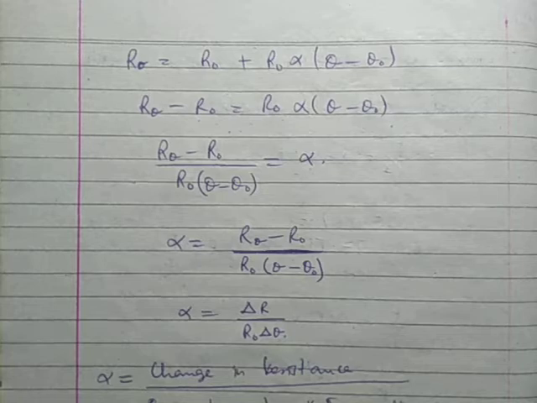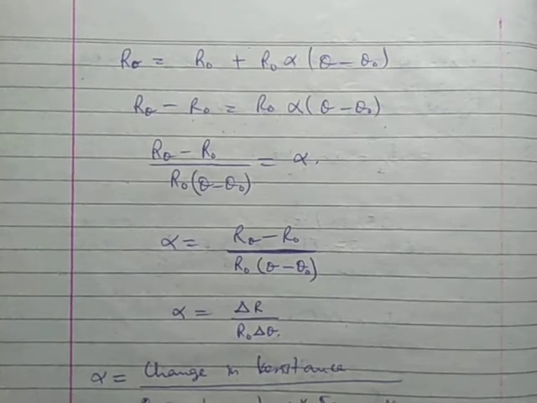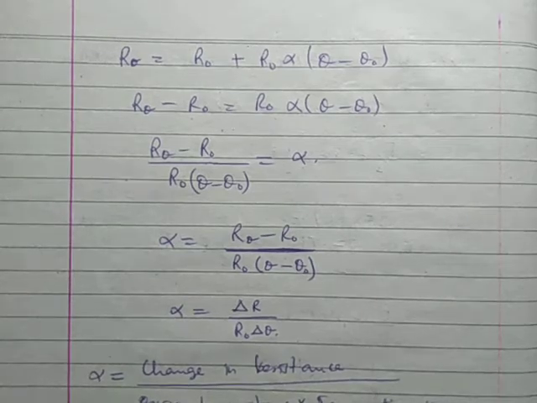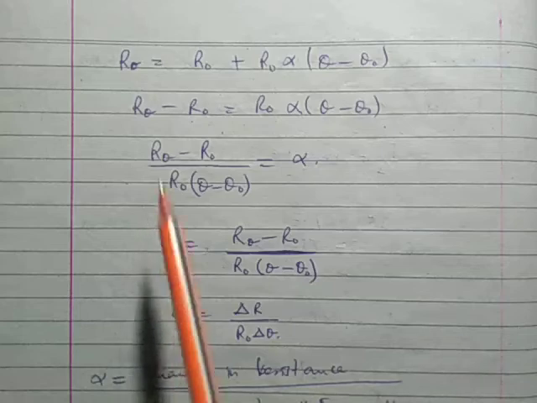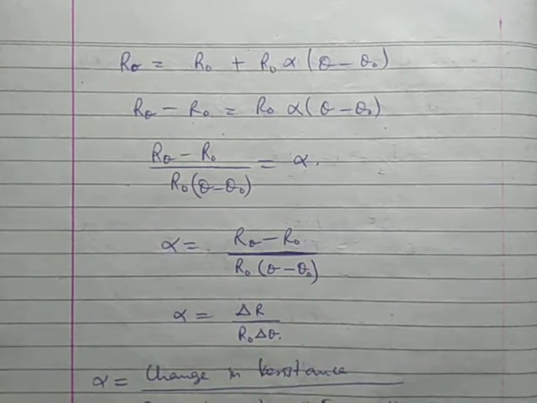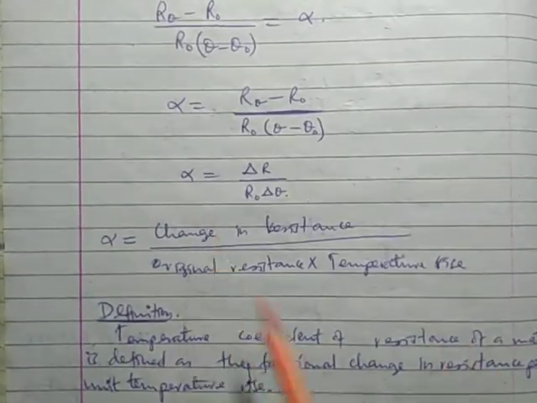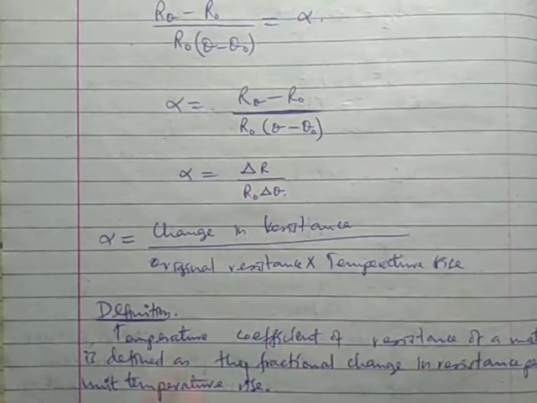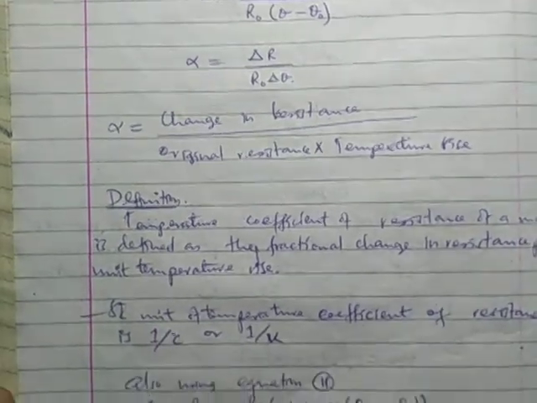So if we want to solve for the temperature coefficient of resistance of the material, we should make it the subject of our formula. We multiply by R naught, then make alpha the subject. So the temperature coefficient alpha is equal to the change in resistance divided by the original resistance times the temperature rise.